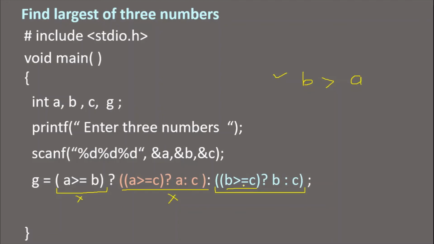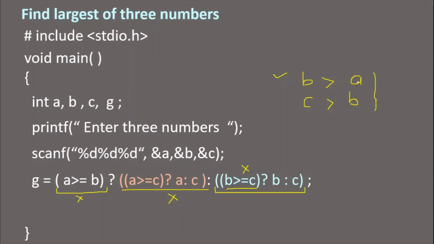B greater than or equal to C, and let us assume that this is also false. It means that B is not greater than or equal to C. In other words, C is greater than B. Now compare these two things.